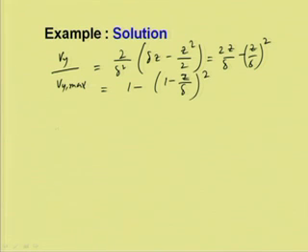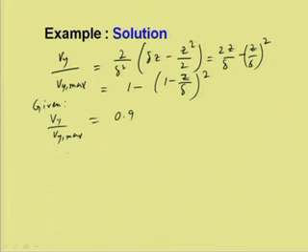And given that V_y by V_y max is 0.9, that is 90% of the surface velocity.